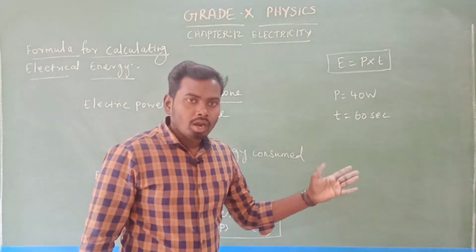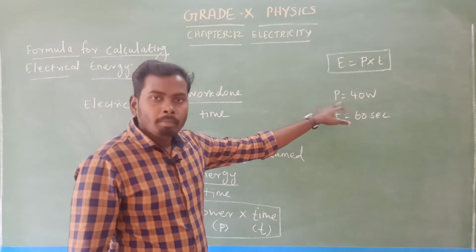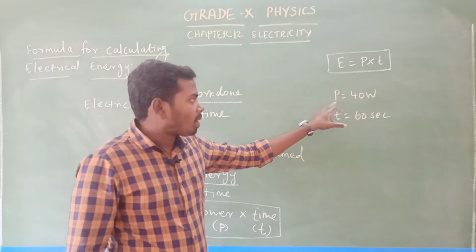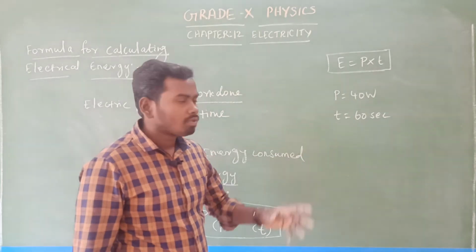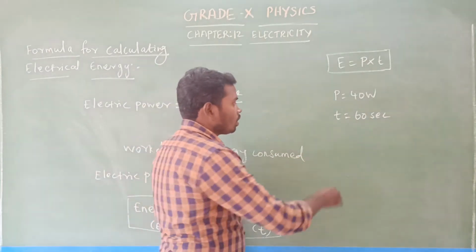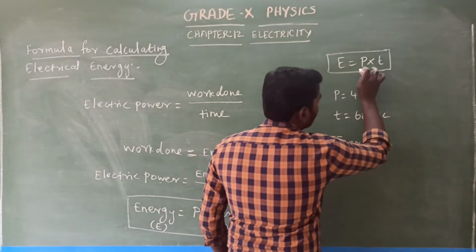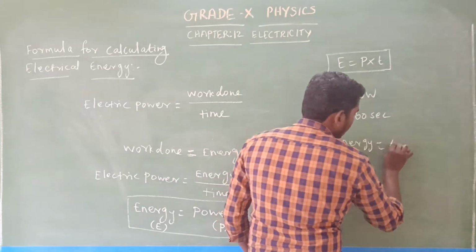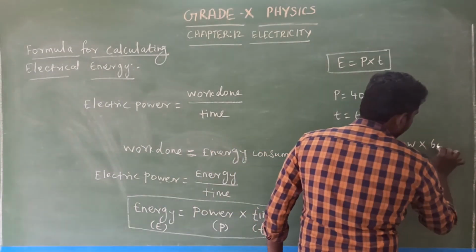How much energy is consumed by the electrical appliance with a power rating of 40 watt, used for 60 seconds? We already know energy is equal to power into time. The power value is 40 watt, into time 60 seconds.